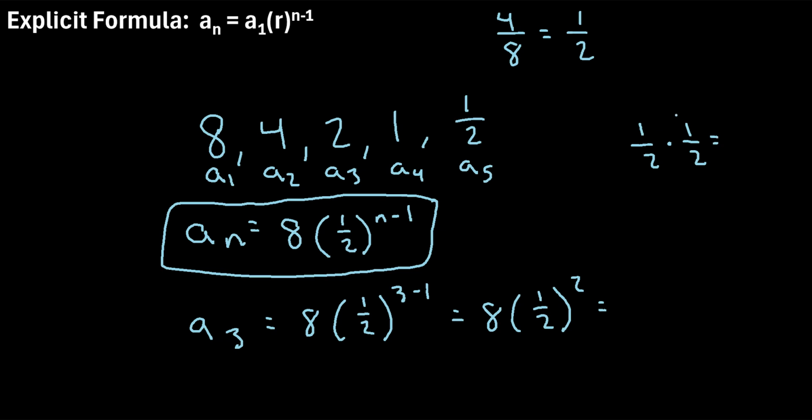And when we have fractions like this, we can multiply straight across. So 1 times 1 is 1. 2 times 2 is 4. So 1/2 squared is 1/4. So we really get 8 times 1/4, or in other words, 8 divided by 4, that would be 2. So a sub 3 is equal to 2, and that matches the a sub 3 in our sequence up here. So that's just a way to verify that we got the correct answer.